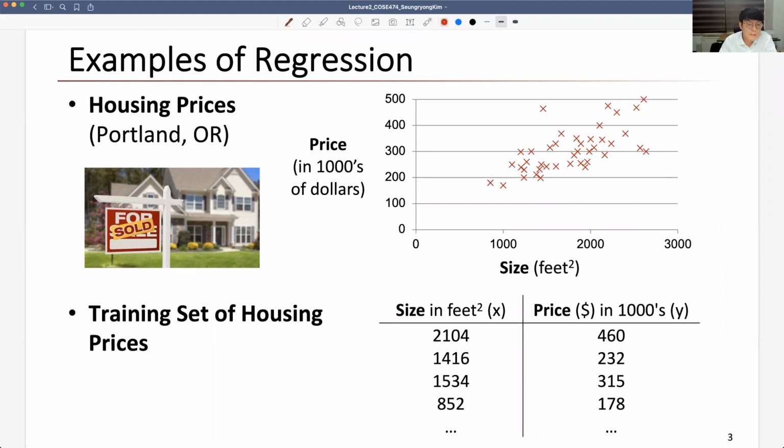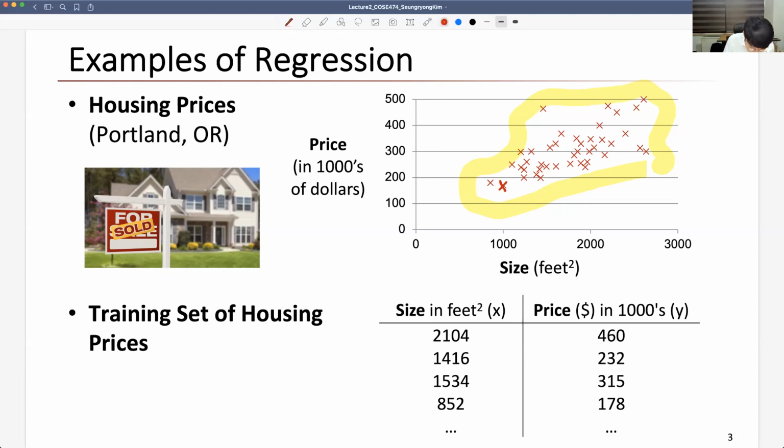So here is an example of regression. What is regression? Let's think about the problem of predicting housing price according to the size of the house. Here is the example. These kinds of things are our training data set, where each point represents the size of a house with its price.